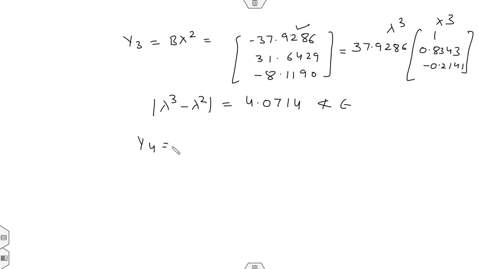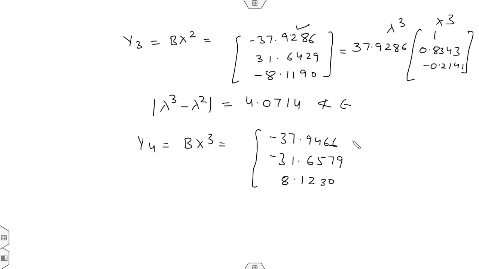We compute y4, that is Bx3, which comes out to be -37.9466, 31.6579, -8.1230.